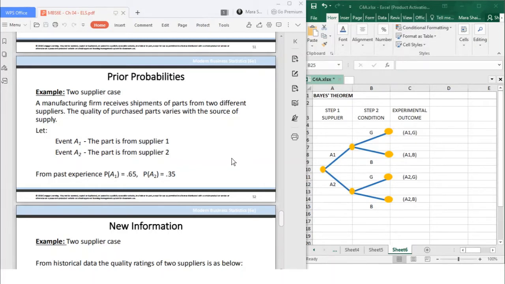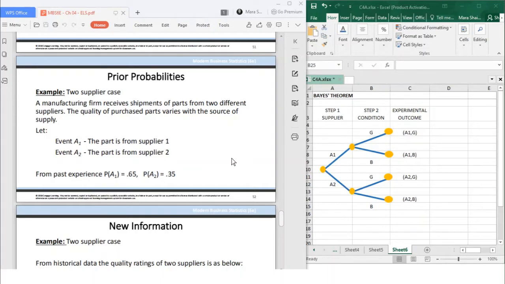In this example, consider that you are a manufacturing firm which receives shipments of parts from two different suppliers. The quality of purchased parts varies with the source of supply. Your event A1 refers to the part that is from supplier 1, while your event A2 refers to the part that is from supplier number 2.